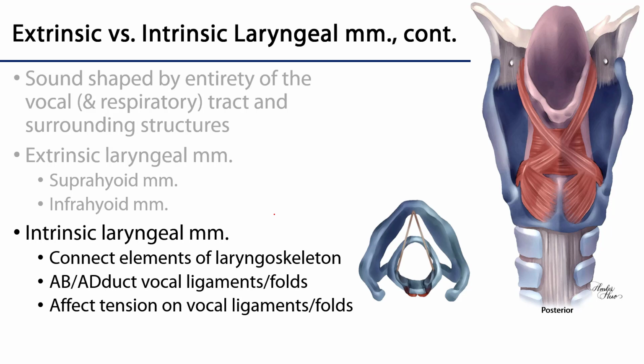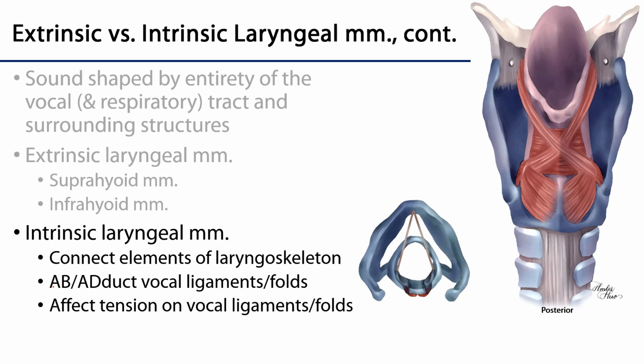The other group of muscles, and these are going to be the focus of our discussion today, are the intrinsic laryngeal muscles. So again, intrinsic laryngeal muscles have both attachment sites within the larynx, or the laryngoskeleton. And these muscles are able to affect sound in two major ways.